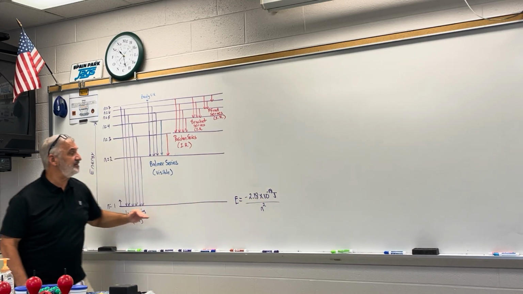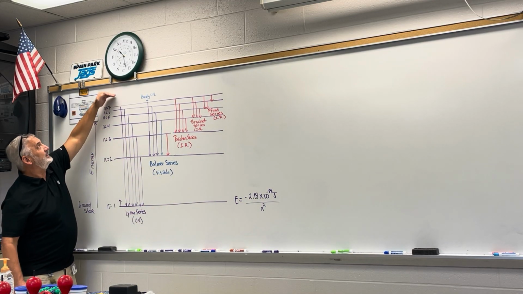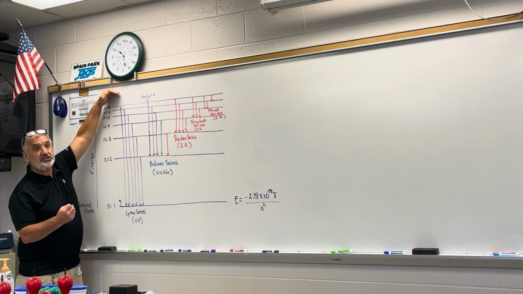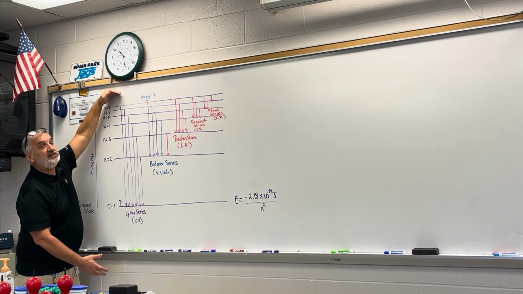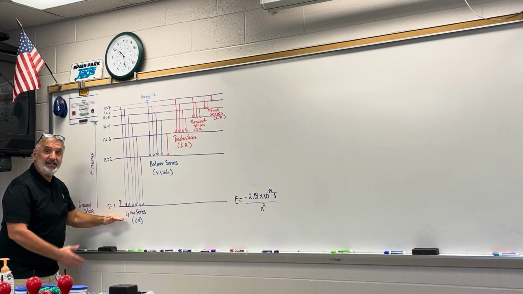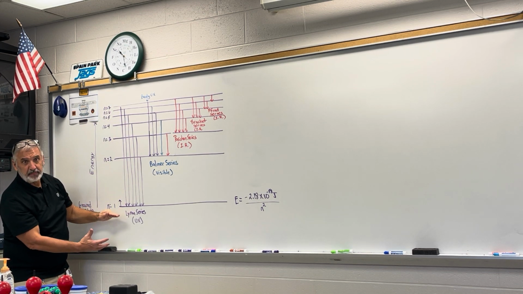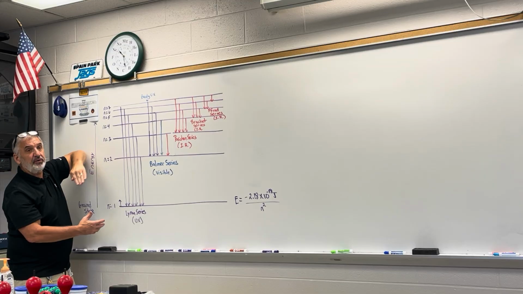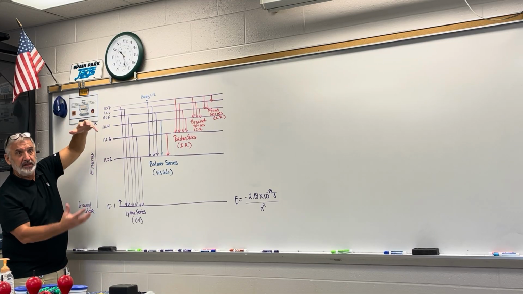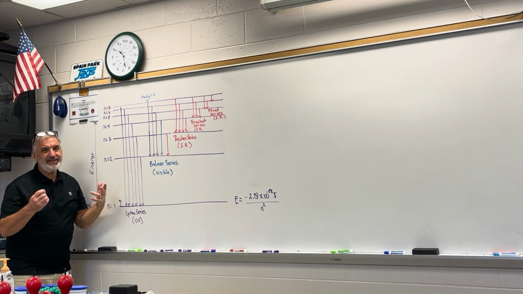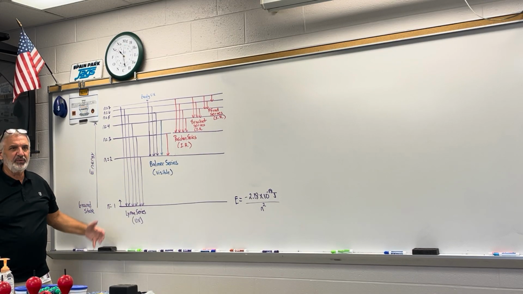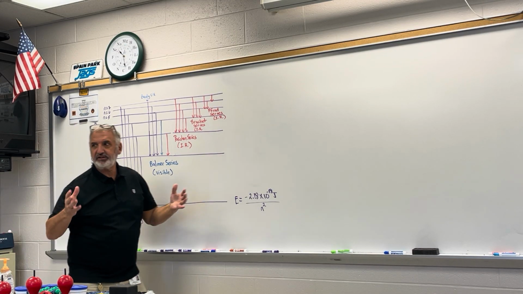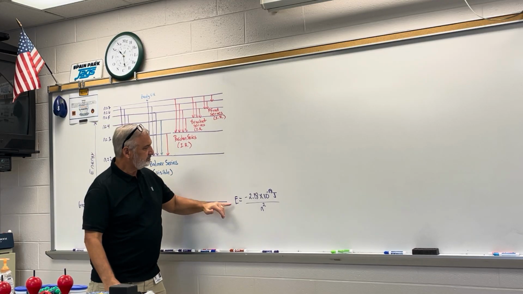So the positive is how much energy it takes to get out here to where there's 0 attraction to the nucleus. They're saying, if this is 0, then this is going to be the negative in terms of potential energy. It's just where the 0 reference point is in terms of energy. So that's why it's considered negative. That's not a big deal, but that's why it's negative. If you understand that, great. If you don't, no worries.